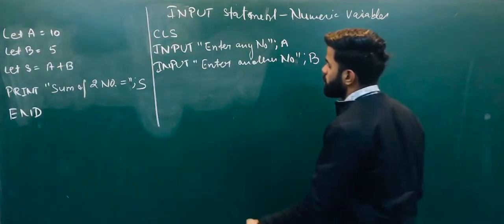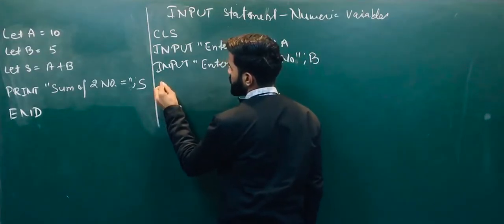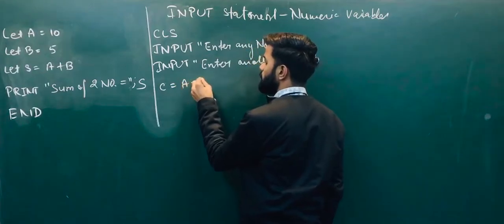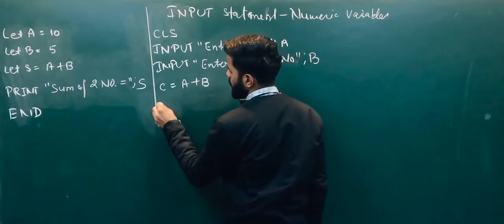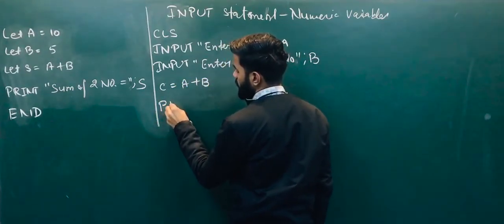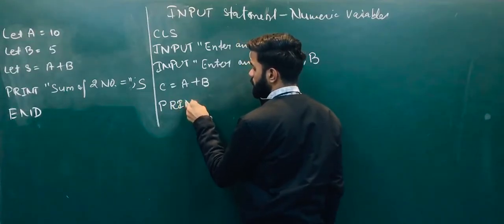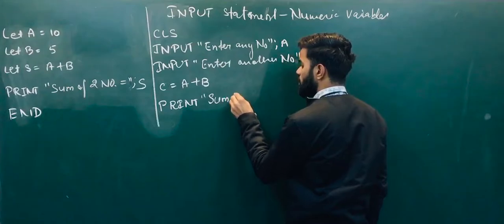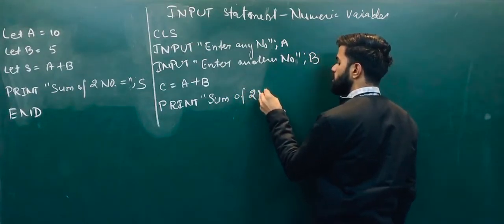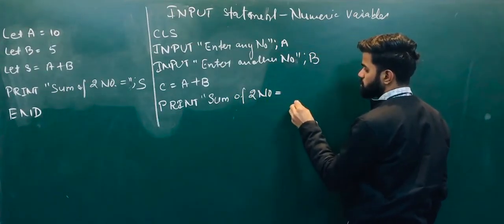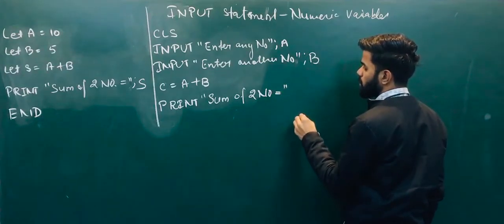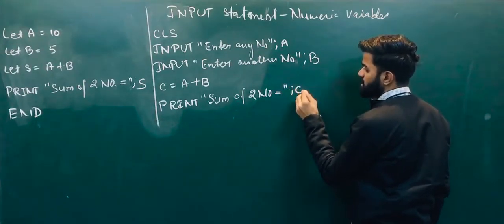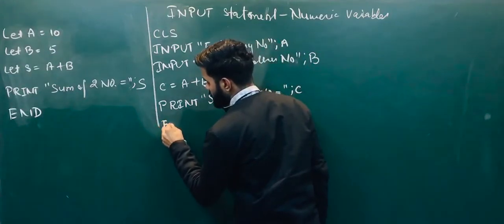After this we can add both numbers in another variable, c equals a plus b, and now after this we can write print "sum of two number is equal to" in double inverted commas, close, semicolon, and then c, and in last we can end our program.